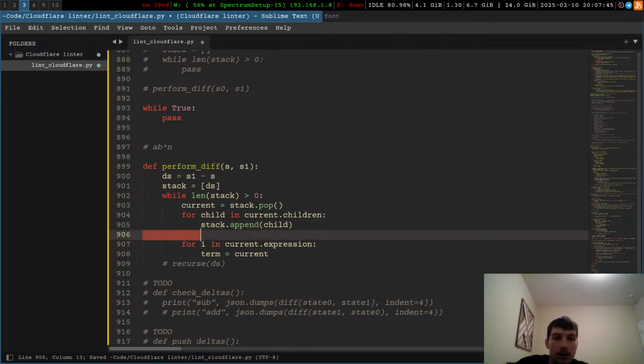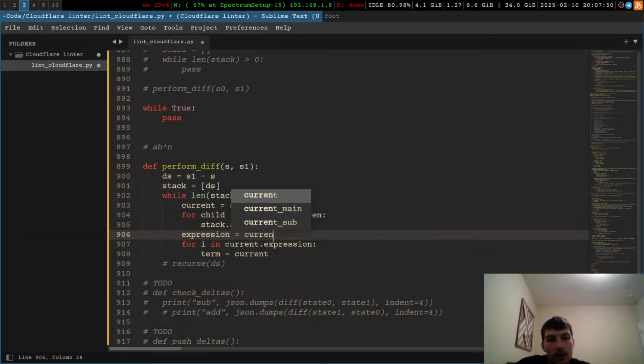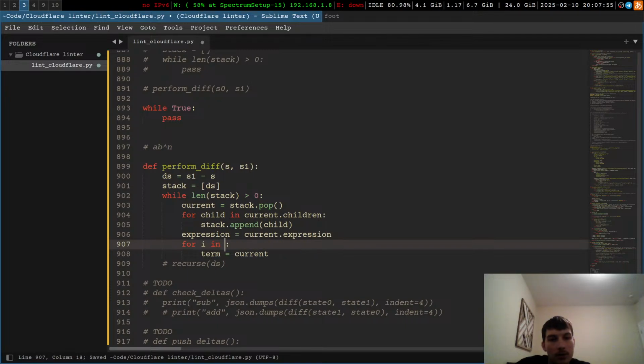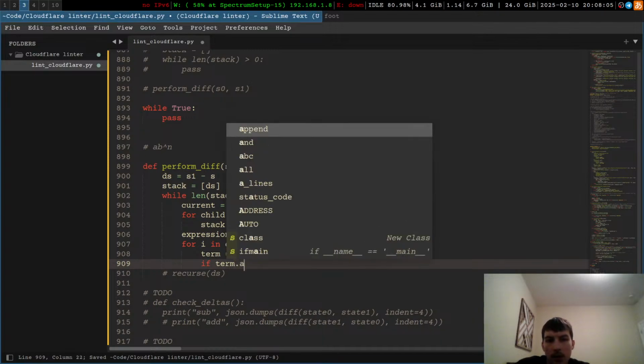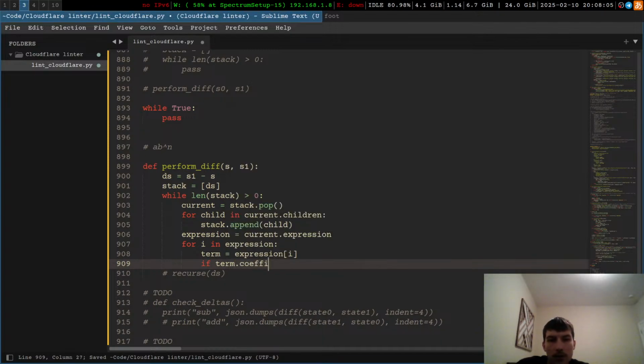Actually, we're going to say expression is current expression I. And then we can say term. Okay, if term dot a dot coefficient is less than or equal to -1, right?